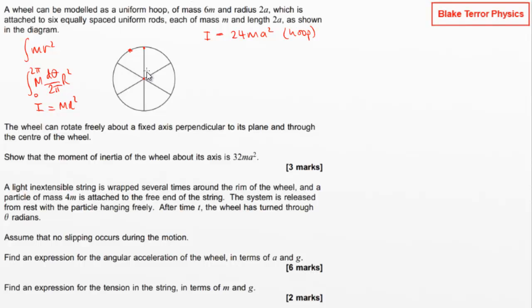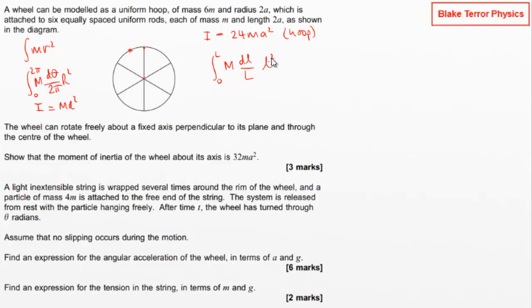For this case, we're going to be integrating over the length of this spoke, from 0 to, say, length L. The mass is going to be the total mass multiplied by some little dl divided by the total length, so that's our mass. And then we're also going to have what the radius is at some point, which is the little l squared. So this is what we're integrating in order to get the moment of inertia of one of these rods.